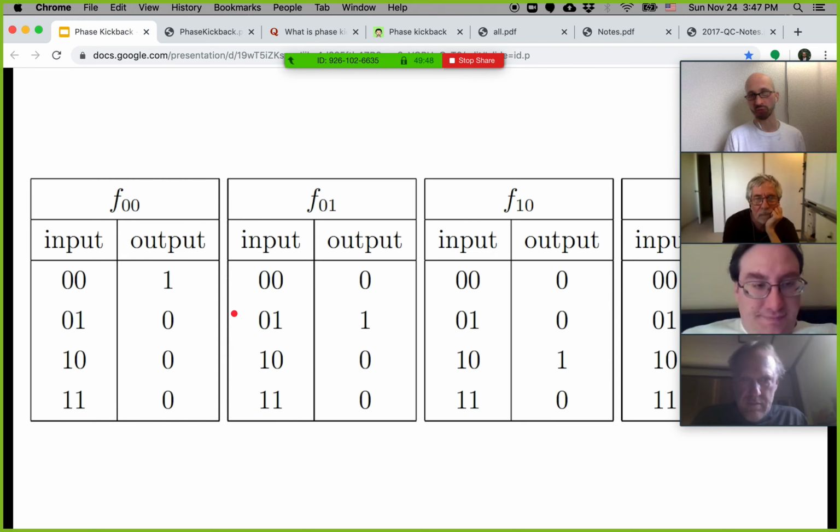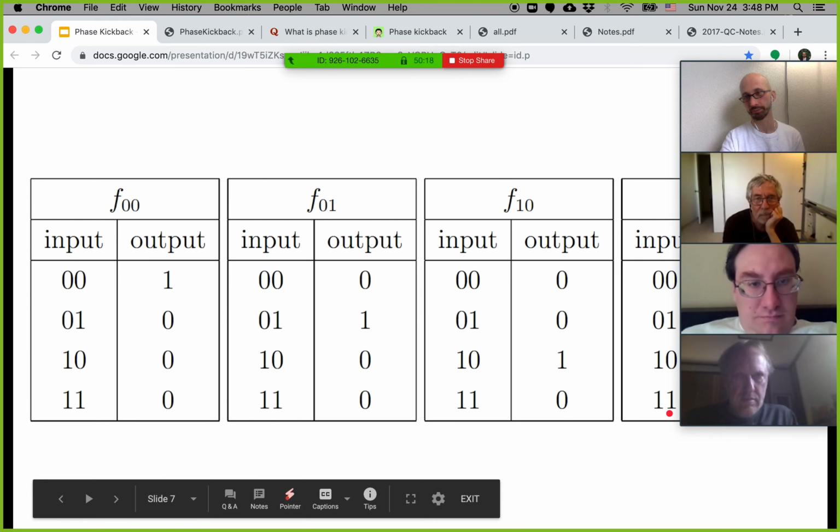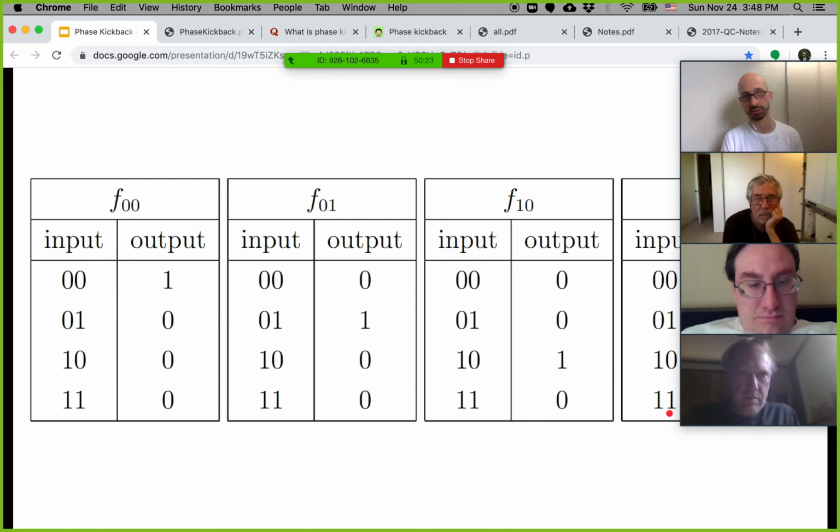Whoever creates this function for us, like Alice, doesn't tell us which function it is, but she promises that it will be one of those 4 functions. Notice how those 4 functions return 1 only in one case. This function outputs 1 for input 0,0. This one outputs 1 for 0,1, this one for 1,0, and this one for 1,1. So it always returns exactly a single 1, and 0 for everything else.